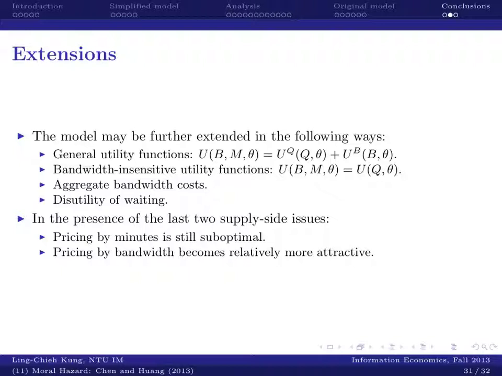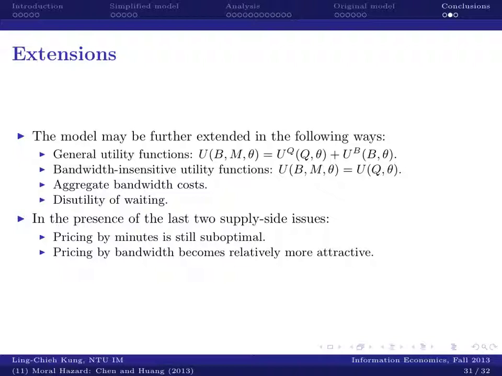Also, it may be the case that when you want to offer more high bandwidth consumption, then there is a higher cost. In that case, you have an aggregate bandwidth cost according to the total aggregate bandwidth you serve consumers.